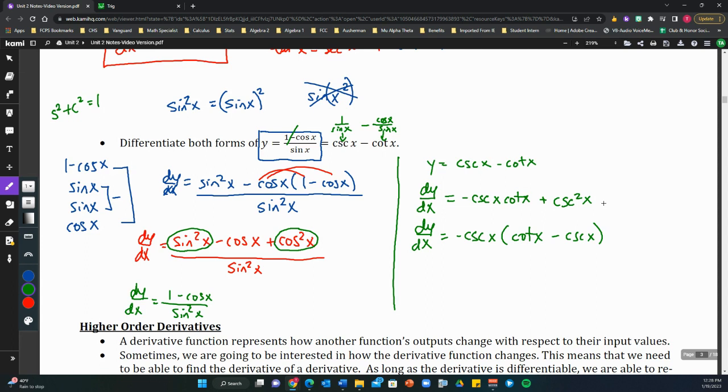To do that, we're actually going to use the same property that we used up here to rewrite the original. I'm going to separate this guy, and it becomes 1 over sine squared x minus cosine over sine squared. So the 1 over sine squared should jump out at you. That is actually going to turn into cosecant squared x, or this guy.